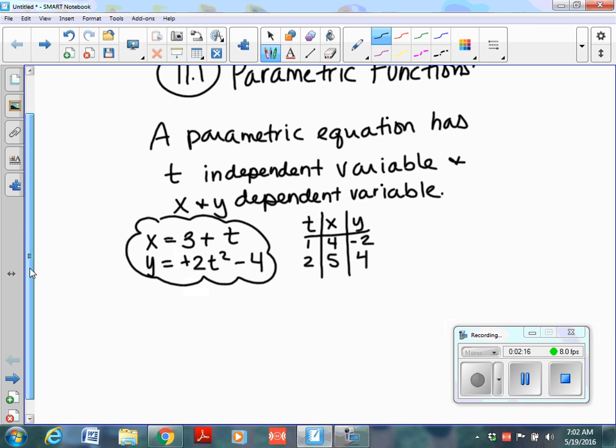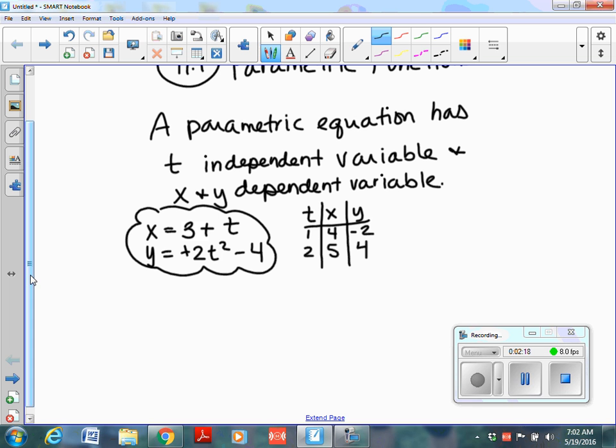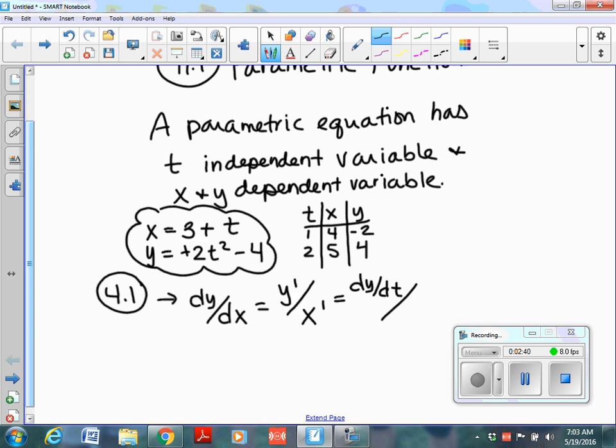Now, how do you find the derivative, which we skipped over in 4.1? I'm just going to explain how to find the derivative, dy/dx. The derivative is y prime over x prime. Another way to write it is dy/dt divided by dx/dt.